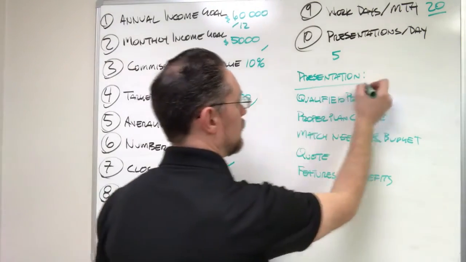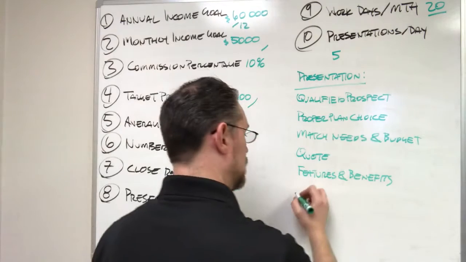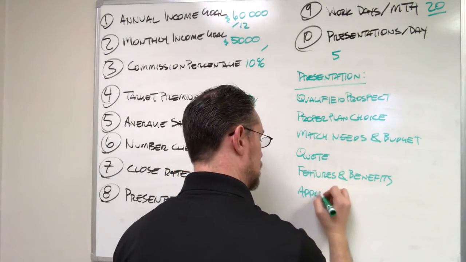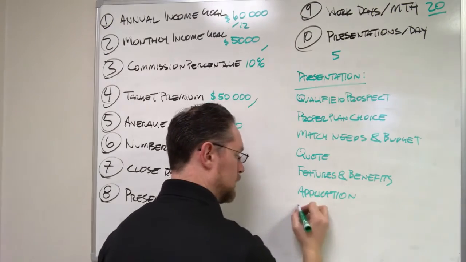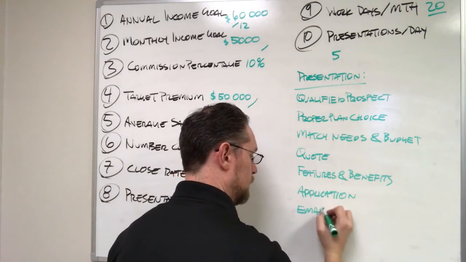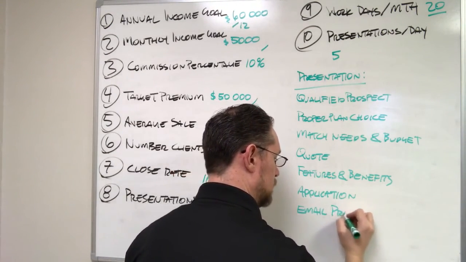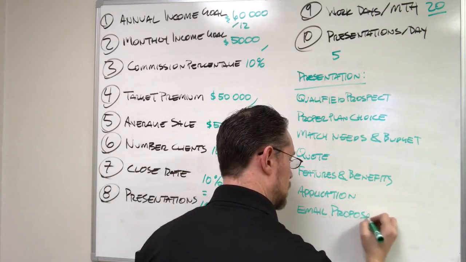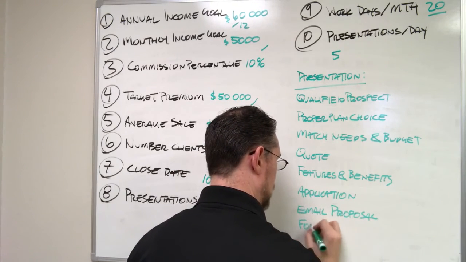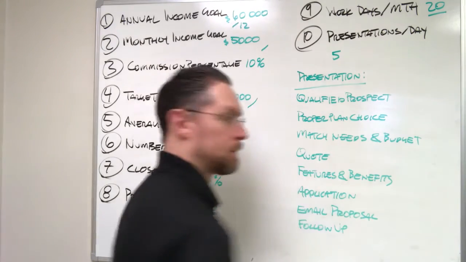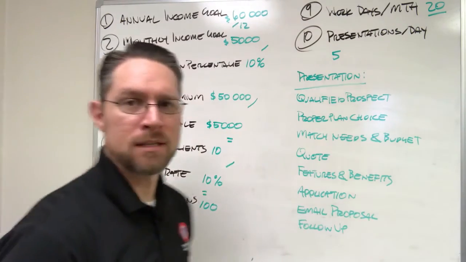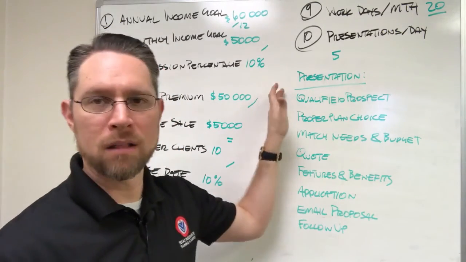After that, you are either going to do an application or you're going to email them the proposal and follow up accordingly. So a proper presentation is speaking to a qualified prospect.